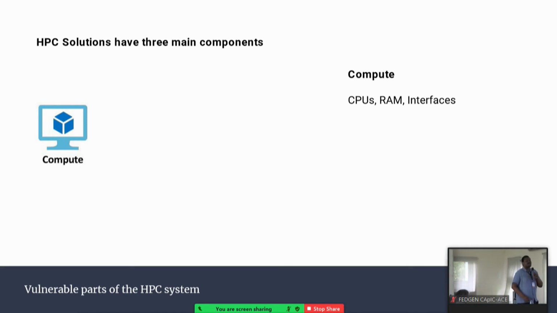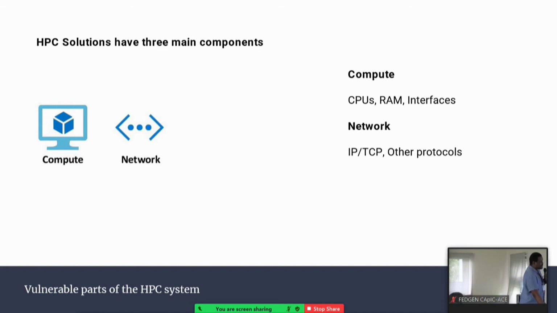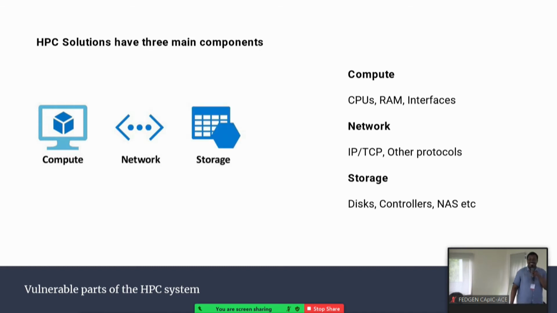We have compute. We have network, thank you. And storage. Thank you so much. I'm sorry about the question being vague. But I wanted to bring to your fore some of the things you need to be thinking about.